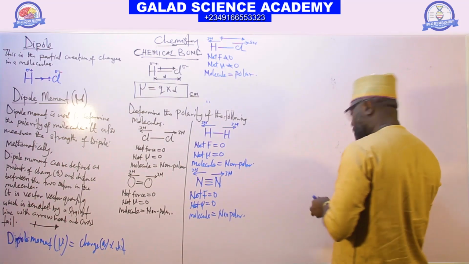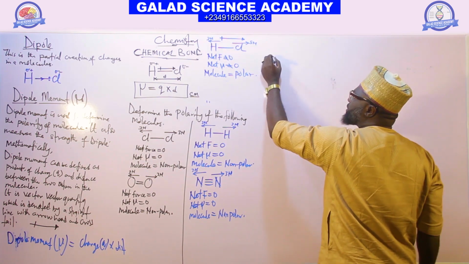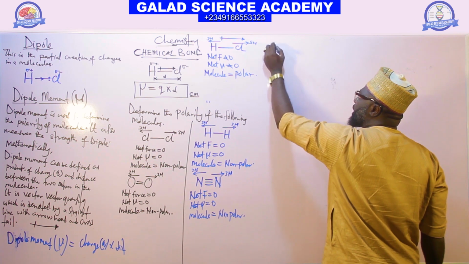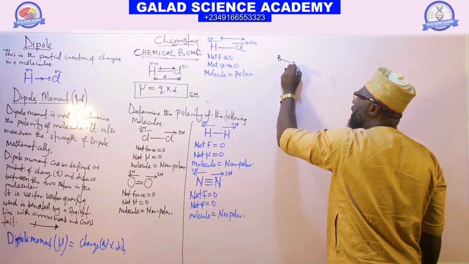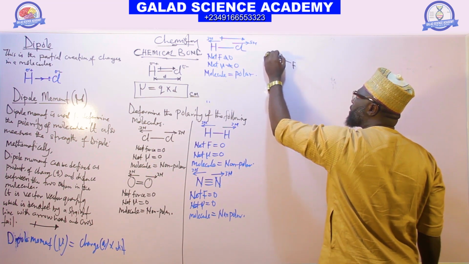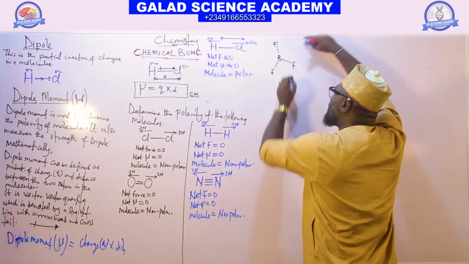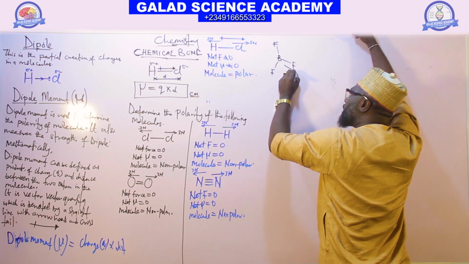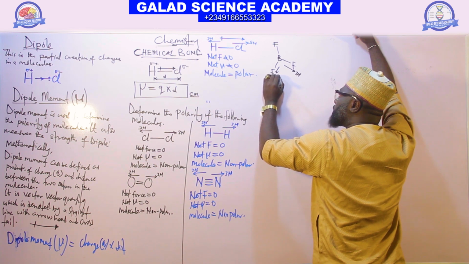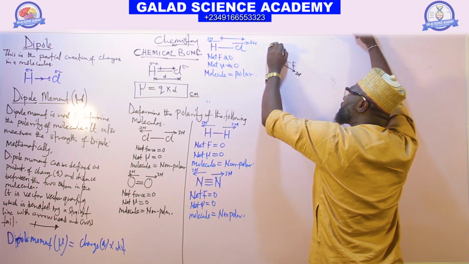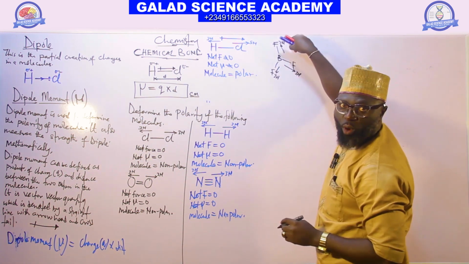Before water, sorry, let me look at BF3. The BF3, we have B and F, F, and F. Look at this now. Give this place 3 Newton. This is also 3 Newton. And this side is also 3 Newton. So the 3 Newtons are equal here.